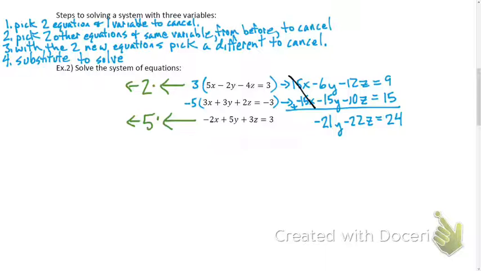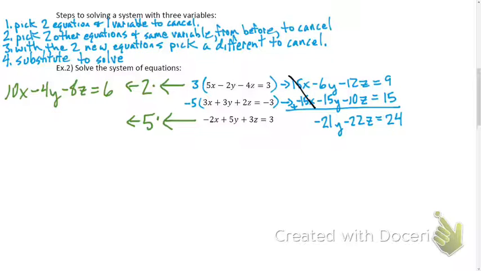It gets really confusing because we already adjusted that first equation one way. So 2 times, and I get 10x minus 4y and negative 8z equals 6.